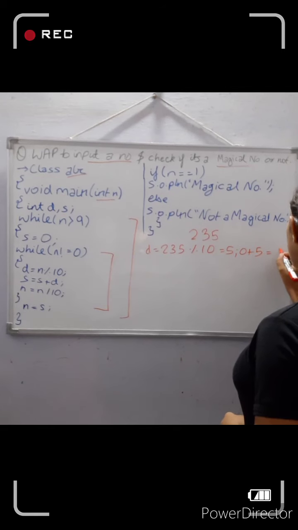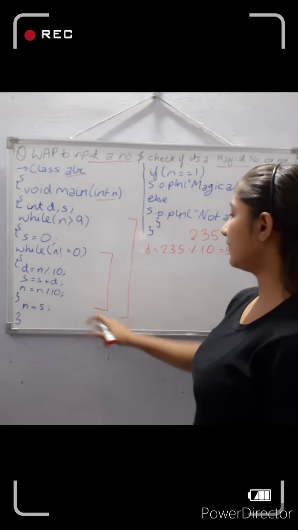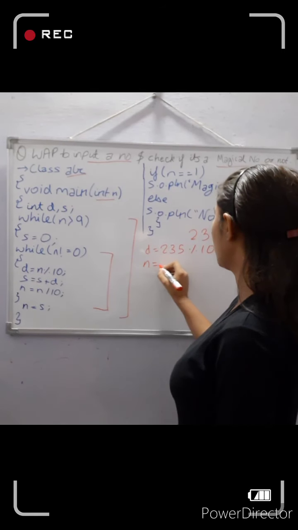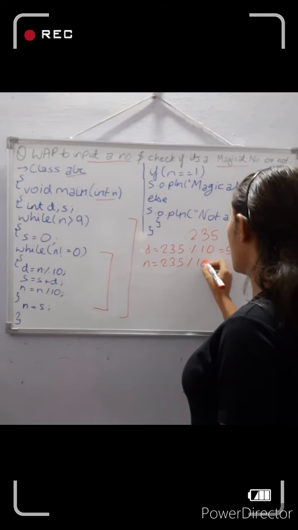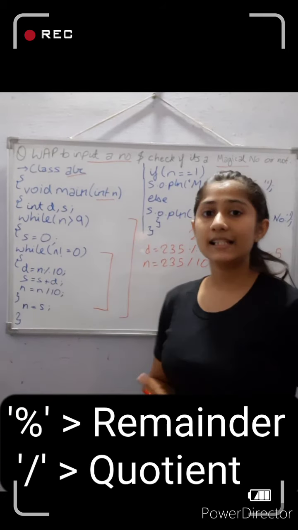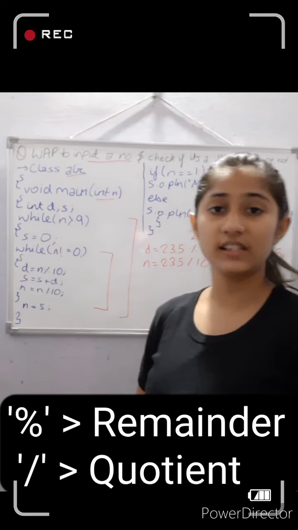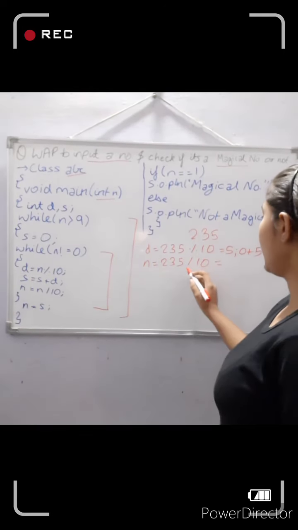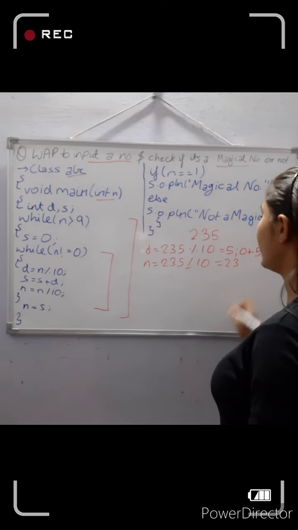We get the final value of sum to be 5. Now n is equal to n divided by 10. So n was number 235 divided by 10. You might be already knowing that the sign of a modulus gives us the remainder, whereas the sign of a divisor gives us the quotient. So over here we have the sign of a divisor, so the quotient will be 23.